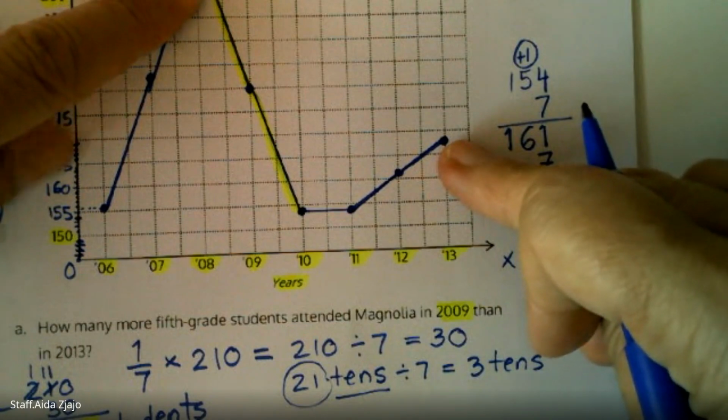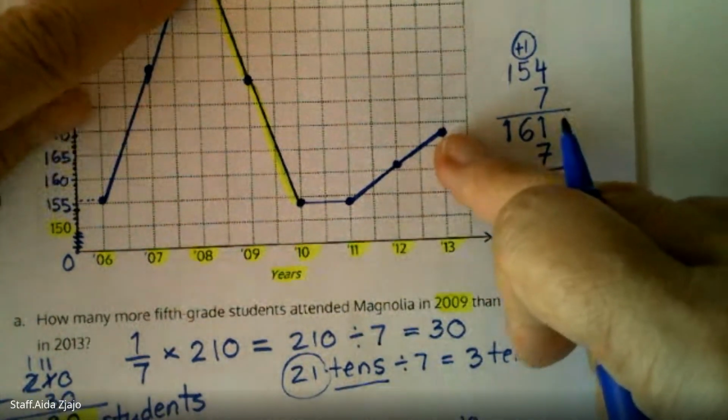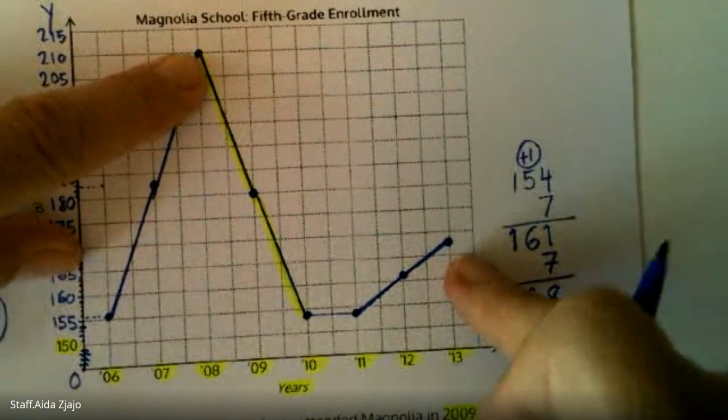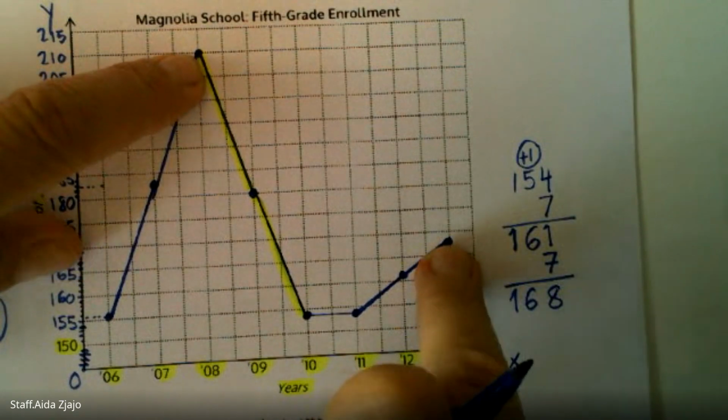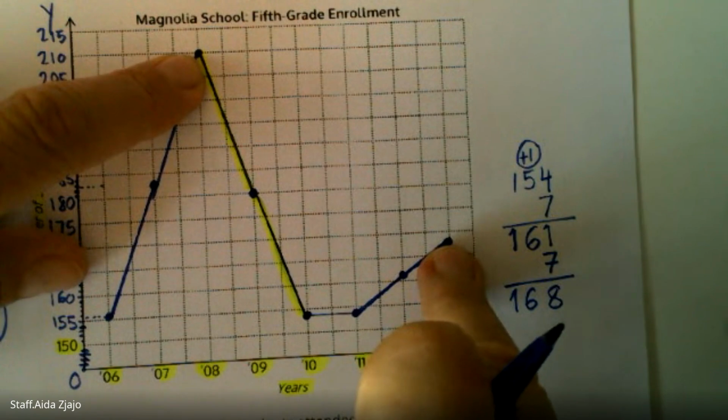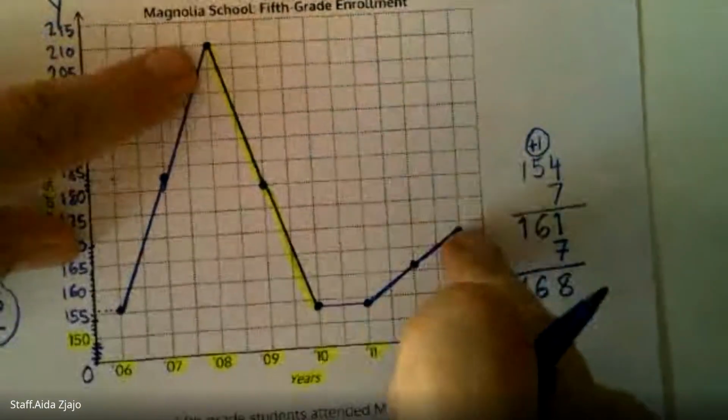And then 2008 was 210. So if we subtract this 168 from 210, we will see what the difference is in between.